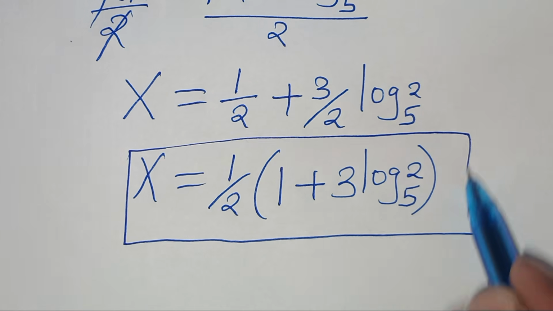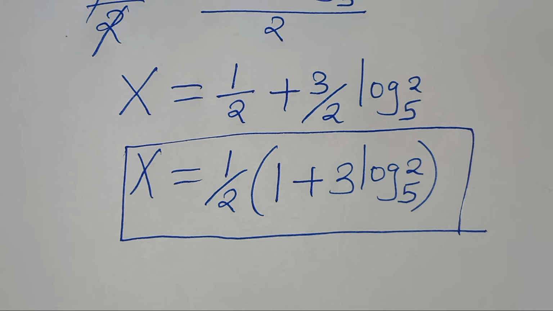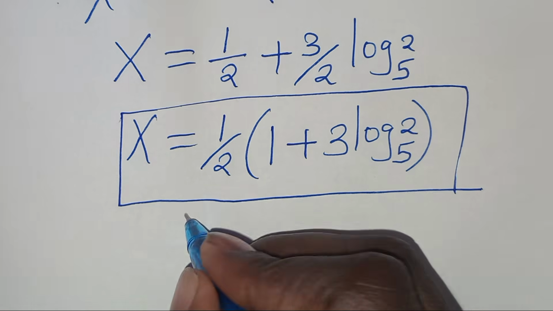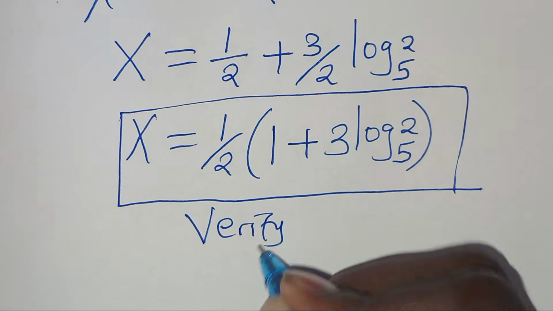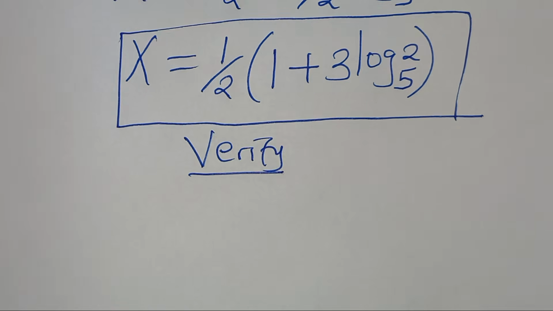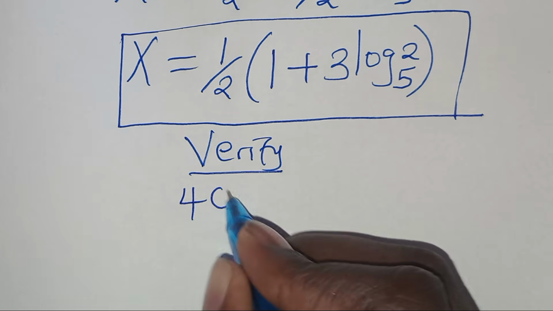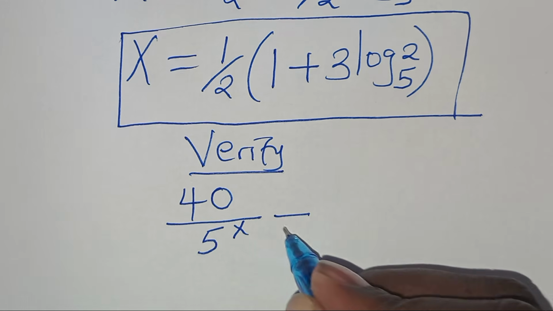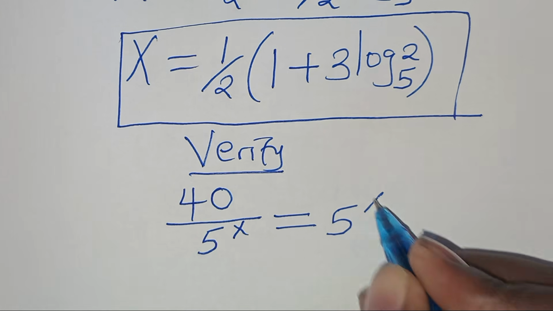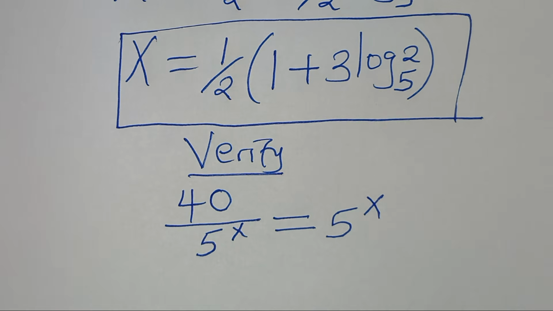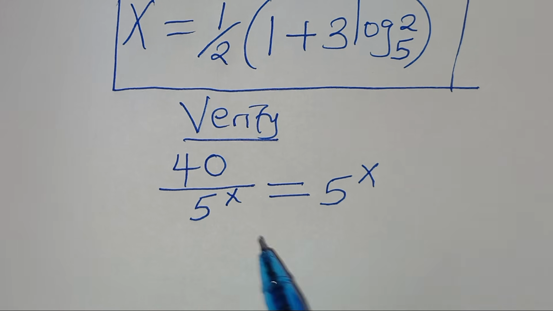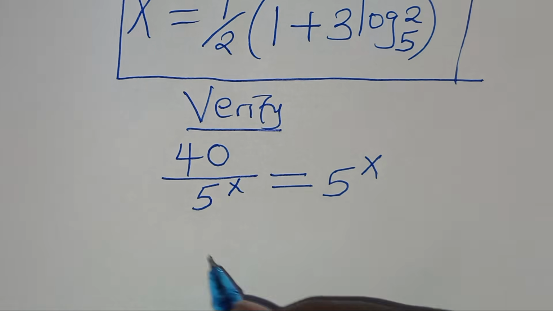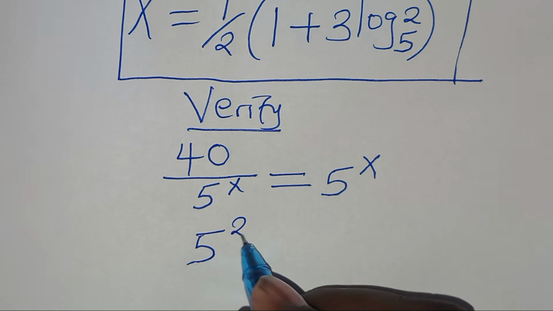Now the next step from here is to verify that this value of x satisfies the equation. Now, if you recall, we have that 40 divided by 5 to the power of x is equal to 5 to the power of x. Now, this implies that we simplify this further to 5 to the power of 2x.